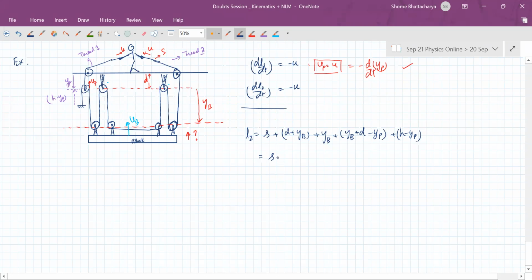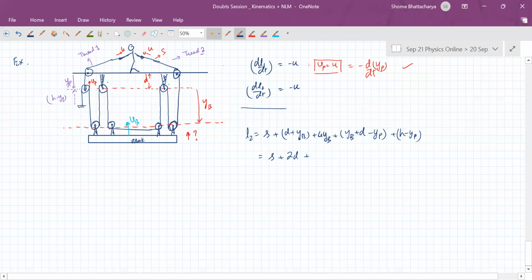Okay, so let's work this out. So this is S plus 2D. Okay. Plus how many YBs are coming? 1, 2, 3. Oh, sorry, there's something wrong here. There should be 4 YB. The middle part, how many direct YBs are there? 1, 2, 3, 4. There should be 4 YB.